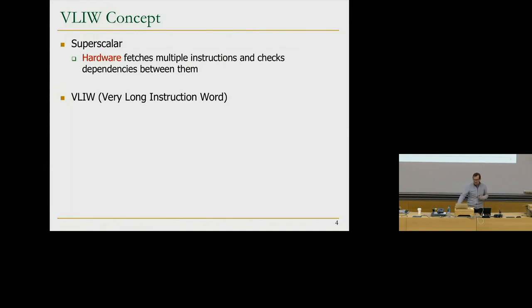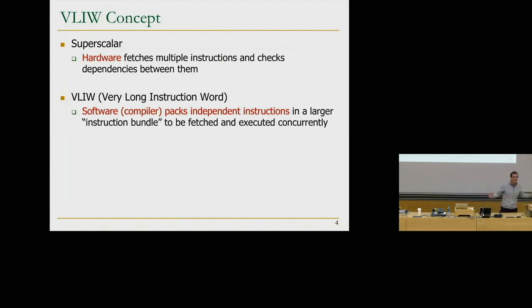VLIW is a similar concept, except it puts the burden on the compiler or the programmer. Basically, you can still fetch, decode, execute, and finish multiple instructions per cycle, and you have hardware support for that. But it's the job of the compiler or the software to pack independent instructions in a larger bundle to be fetched and executed concurrently.